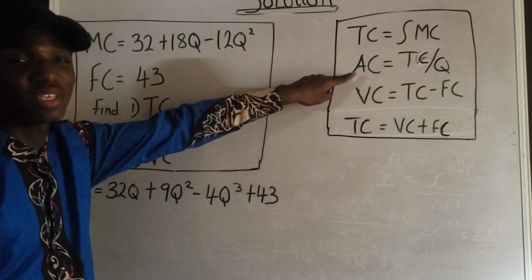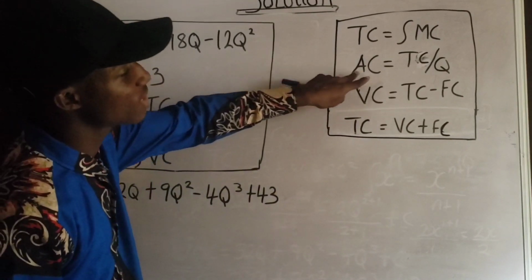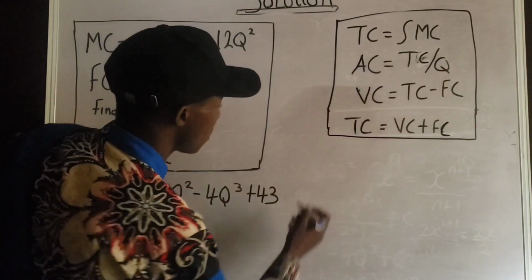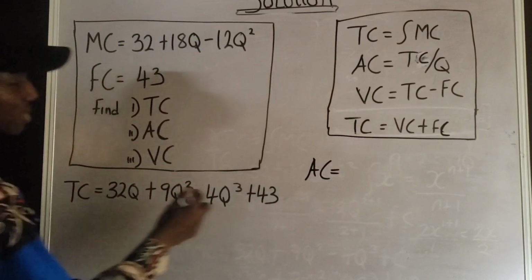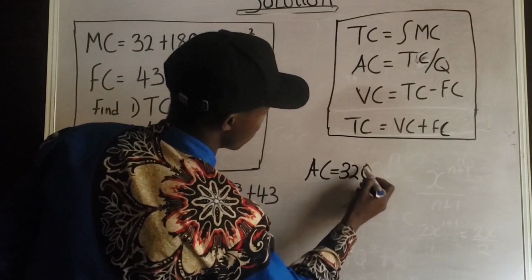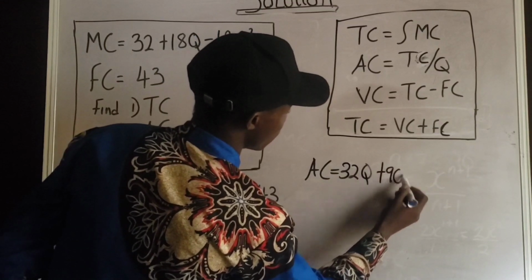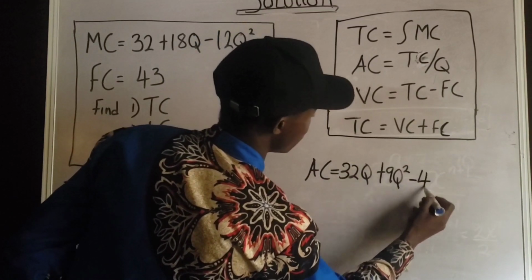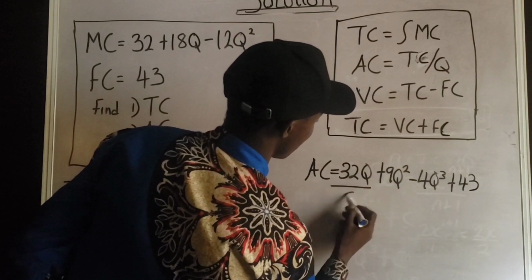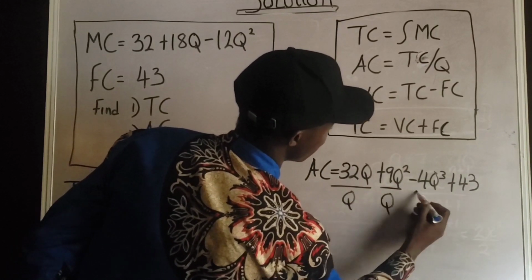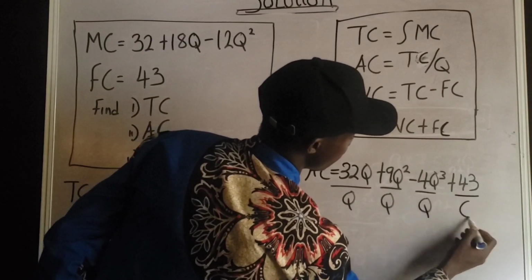Now let us determine the average cost. The average cost is total cost divided by q. So I'm going to have average cost is equal to the total cost, which is 32q plus 9q squared minus 4q raised to the power of 3 plus 43 all over q, and 43 all over q.